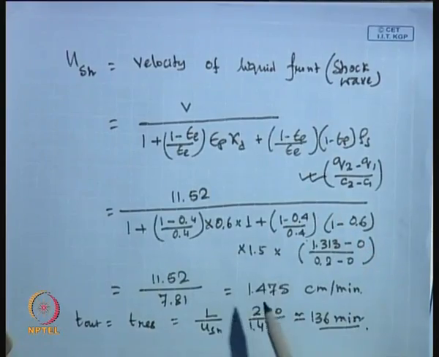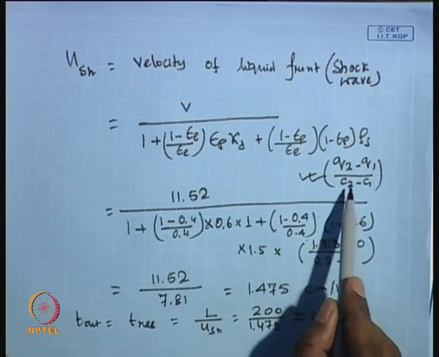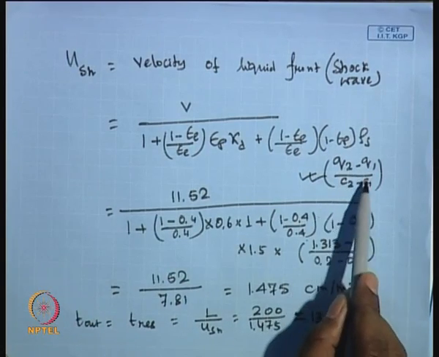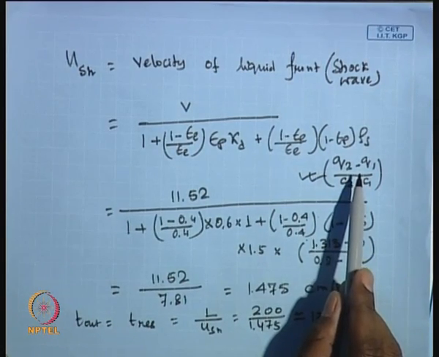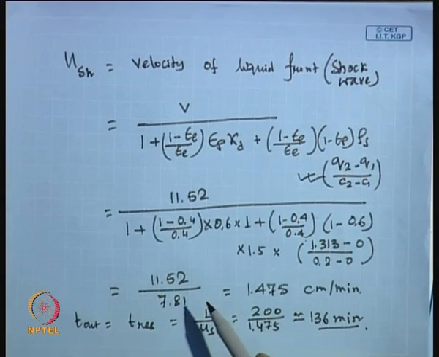For the second solute, the adsorption isotherm will be different. So the third term in the denominator, the extreme right hand side term, will be different for the second solute. That will give you a different value of the shock wave velocity for the second solute, so the residence time will be different.